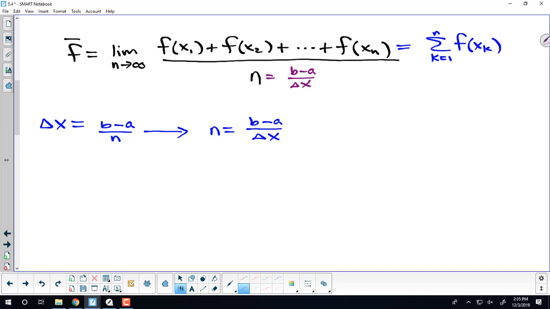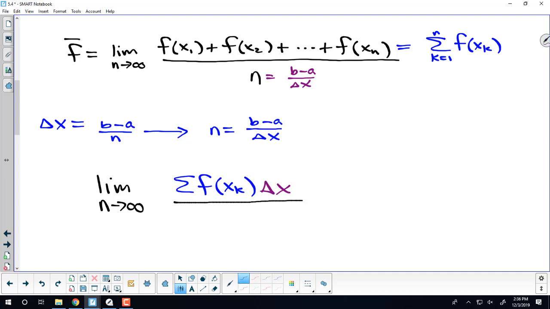And so that changes the way we're going to look at this, because then we're going to multiply by the reciprocal. That delta x comes up top to multiply the f of x sub k. So that delta x will come up here, and our b minus a will stay on the bottom.